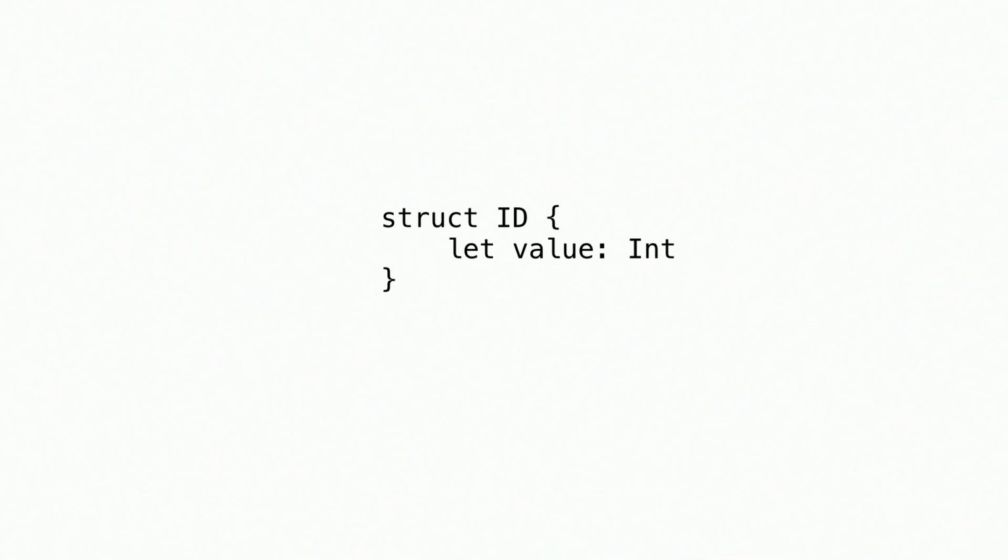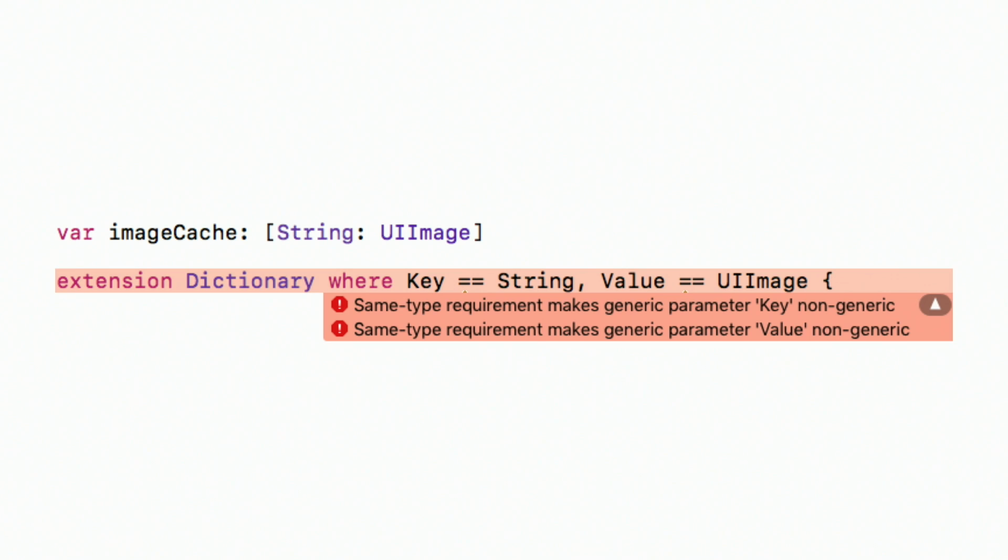And not just for ints. You can do it for strings and arrays and dictionaries. Have you ever tried to add an extension to one kind of dictionary? Now, this is legal in Swift 4, and it should be legal. But in Swift 3, you get this error. When you try to say a dictionary where key equals string and value equals image, you get this same-type requirement makes generic parameter key non-generic, and it wouldn't compile.